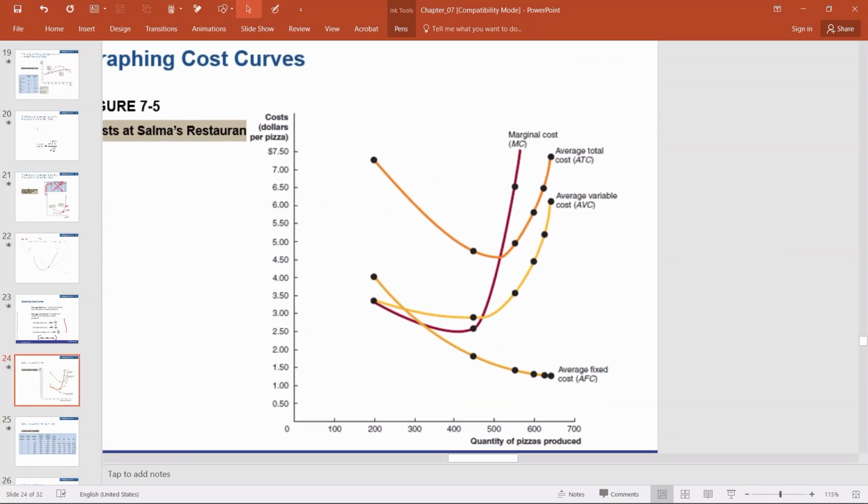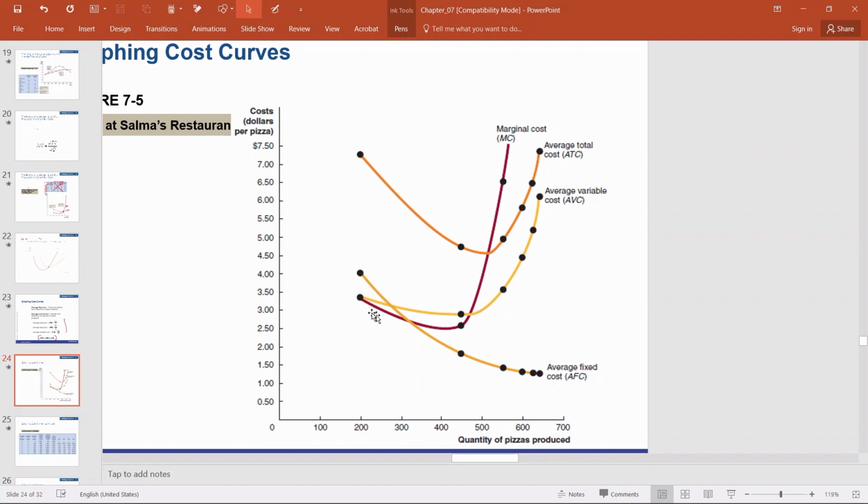Again, also the relationship between different types of costs. So this is marginal cost, and this is average total cost. We just talked about this, looking at the minimum. The same analysis is true here as well.